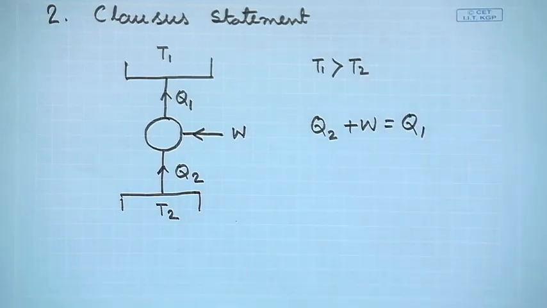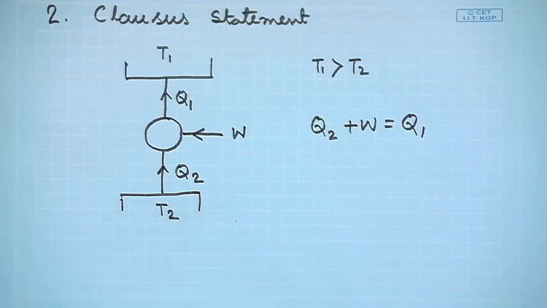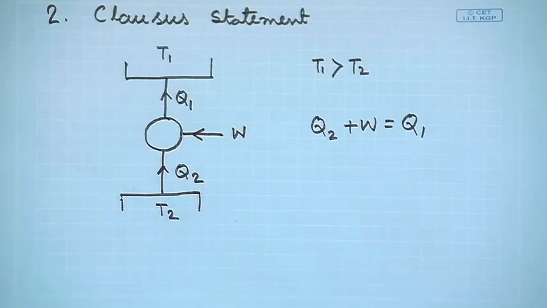So, energy conservation principle is satisfied, and it is also satisfying Clausius statement of second law of thermodynamics, that heat cannot automatically flow continuously from a low temperature body to a high temperature body. We have to have some assisting device for this kind of flow, and as assisting device we are having the work supply from outside.